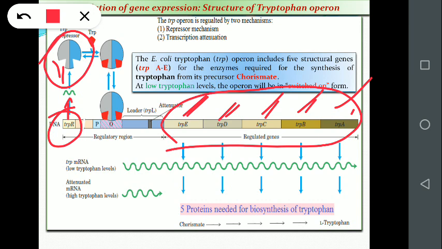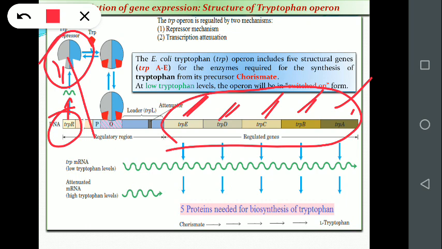That repressor protein is inactive. By the time it is synthesized, it is in inactive form. So that repressor cannot bind to the operator site because it is inactive.